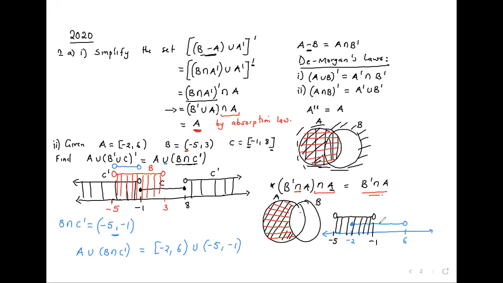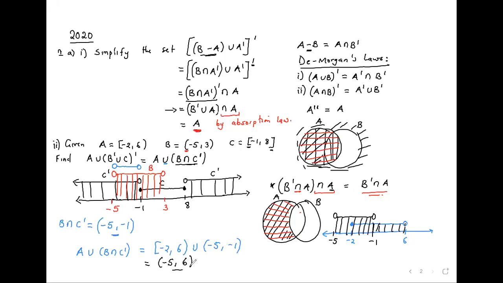After that, get this whole thing again. So it means that our union will start from -5, go all the way up to 6.